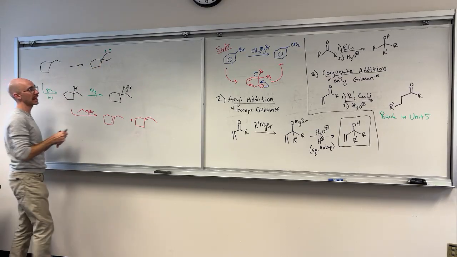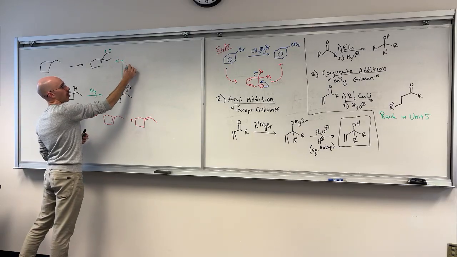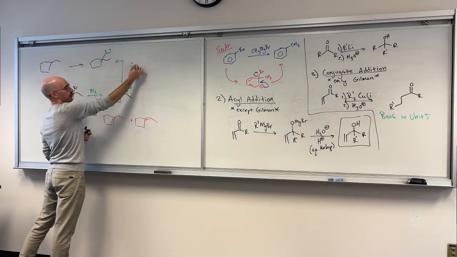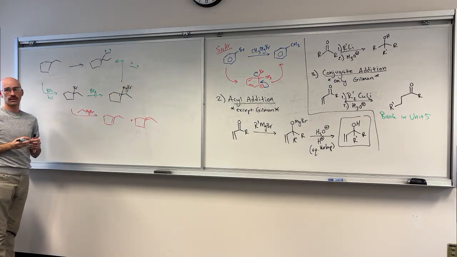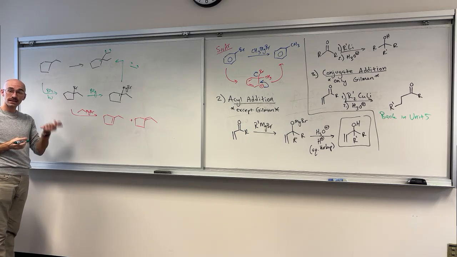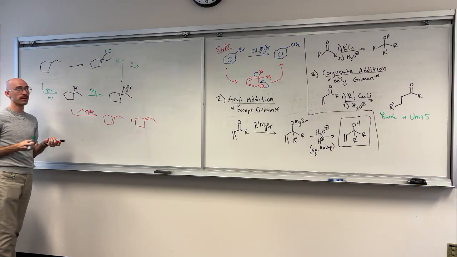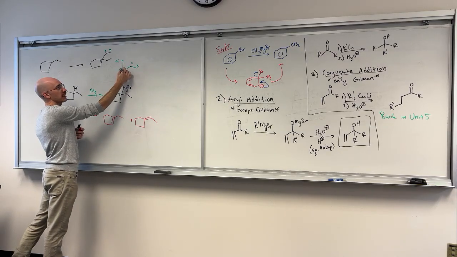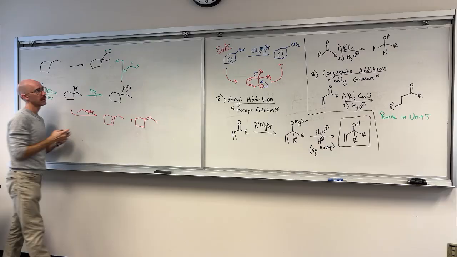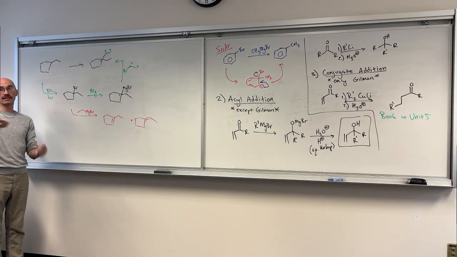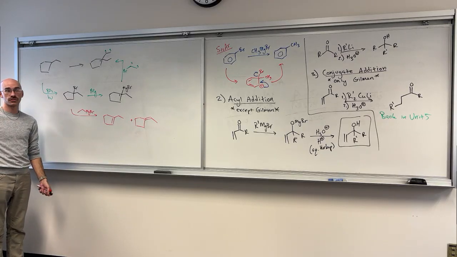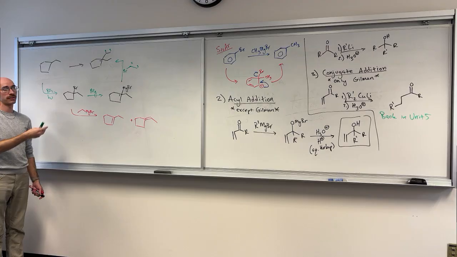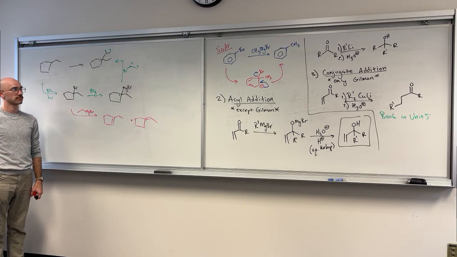So I need a reagent that has carbons 2 and 3 with a leaving group on carbon 2. Make that bromine, make that chlorine, make that iodine, make it a tosylate, a pseudohalide. There you go. And get magnesium metal?